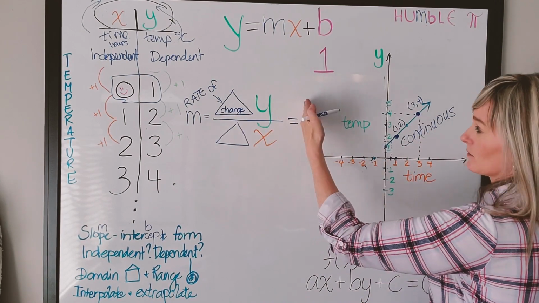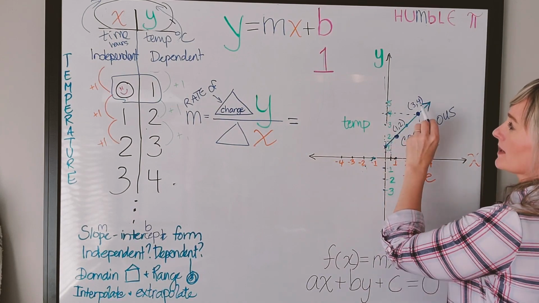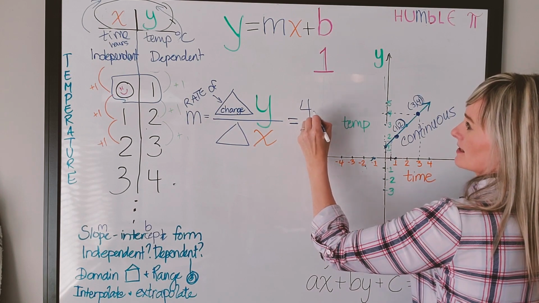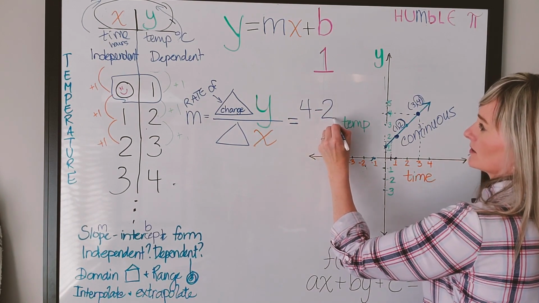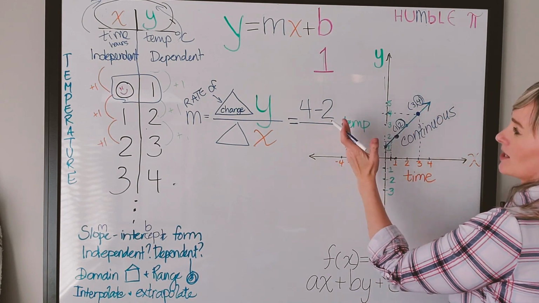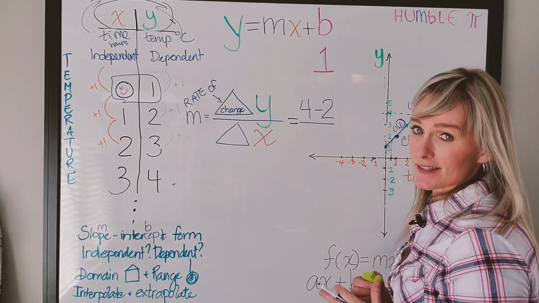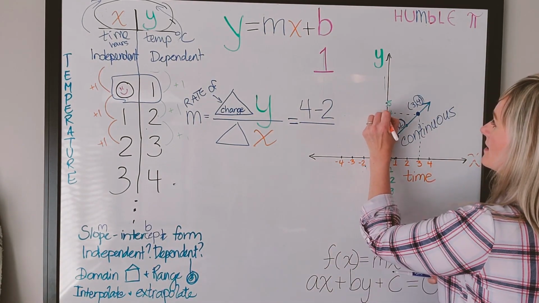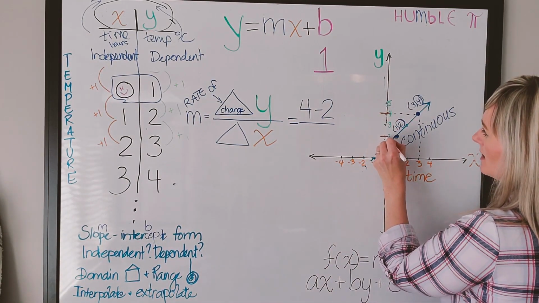Okay, so we can either physically look at the graph and see that you went up 2, and that was the change that happened on the y, or we can take the y value and say 4 take away 2 is going to be our change in y. Change or difference is using subtraction. So y is here and here.